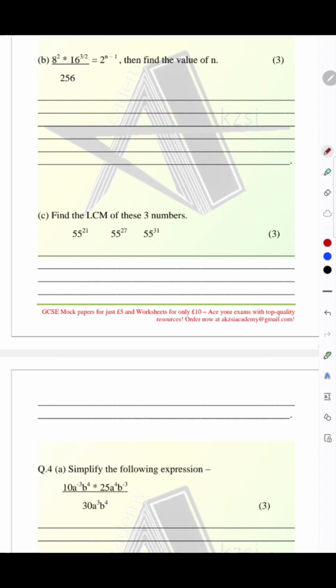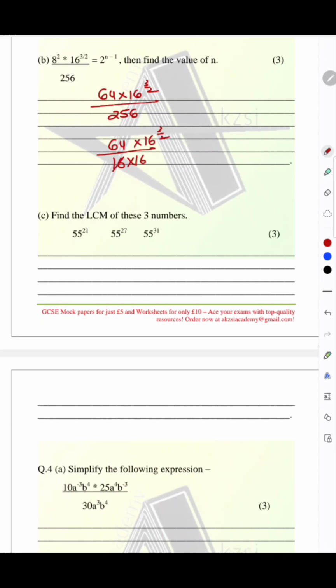So 8 squared, either I can directly simplify here or convert them into 2s. Like 8 squared is 64 times 16 to the power of 3 over 2, and this is 256. We know that 256 is 16 times 16. So 64 over 16 times 16 times 16 to the power of 3 over 2.